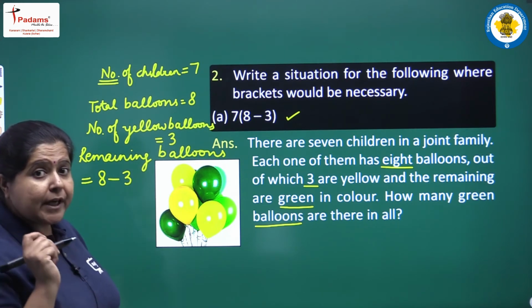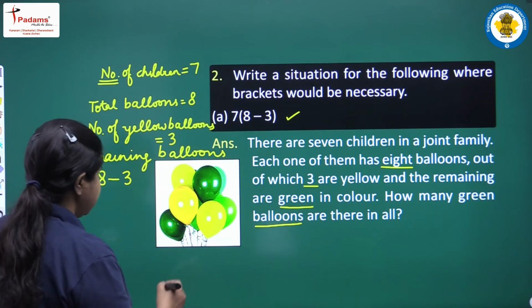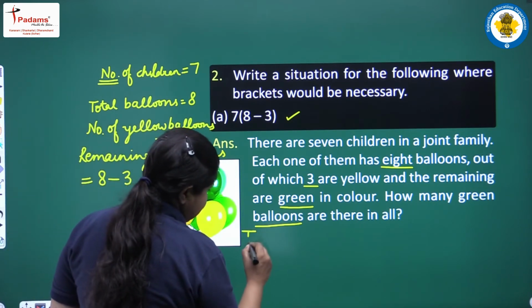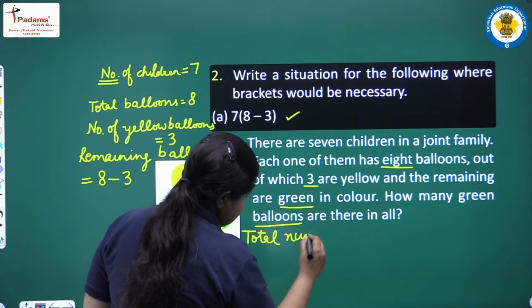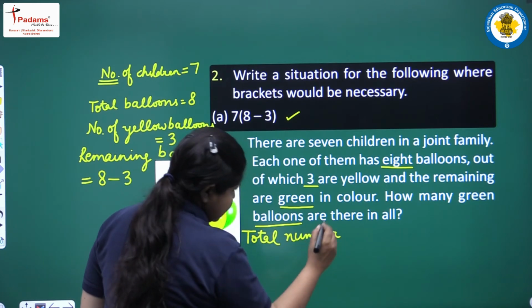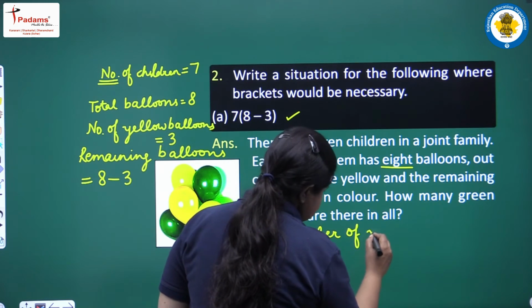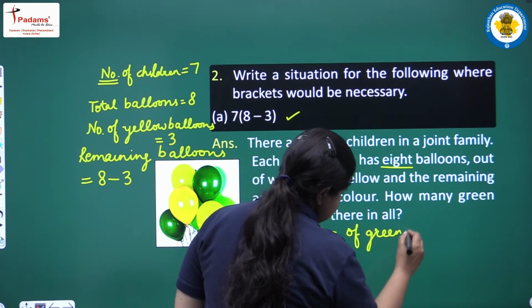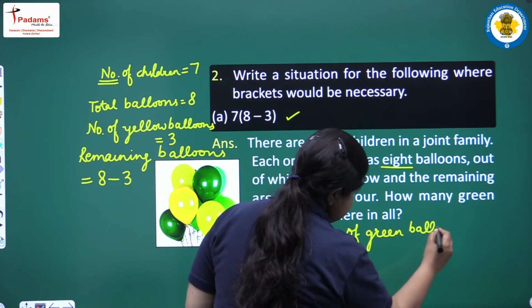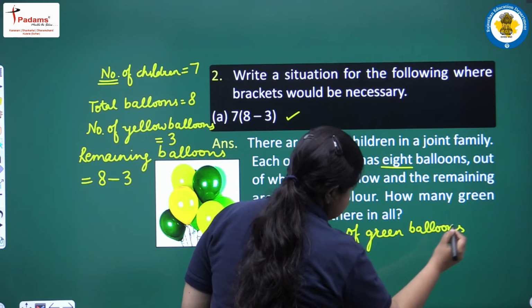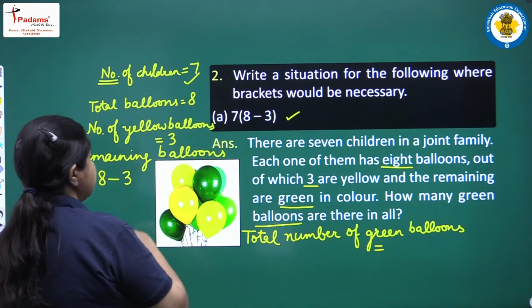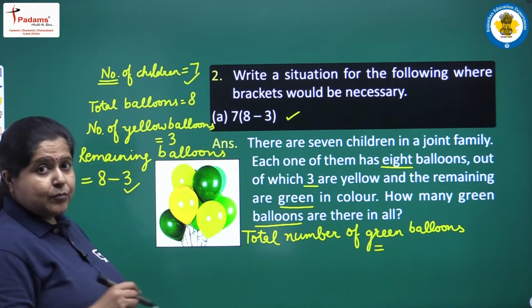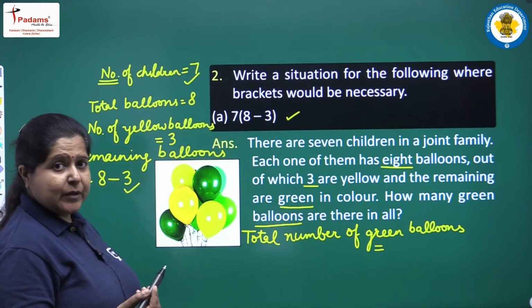Now, the total number of green balloons. Clearly, there are 7 children, each one of them having 8 minus 3 green balloons.